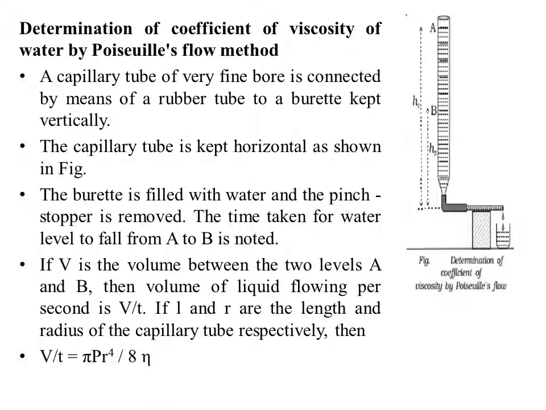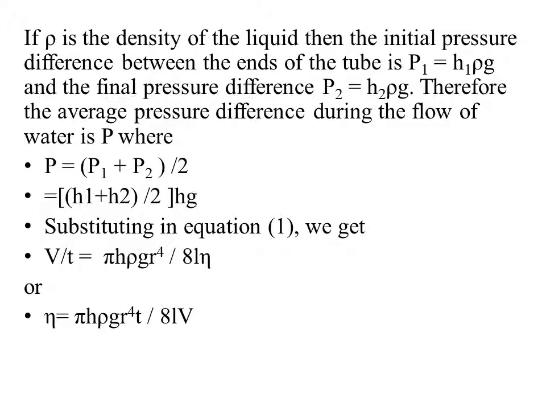Then if L and R are the length and radius of the capillary tube which you are using, then V by T is equal to pi P R power 4 by 8 eta L. From this equation, you can find out eta because you may know the volume and the time. The distance traveled and the time we can determine directly. So eta can be calculated from this equation. Thus, we can determine the coefficient of viscosity of water by Poiseuille's flow method.